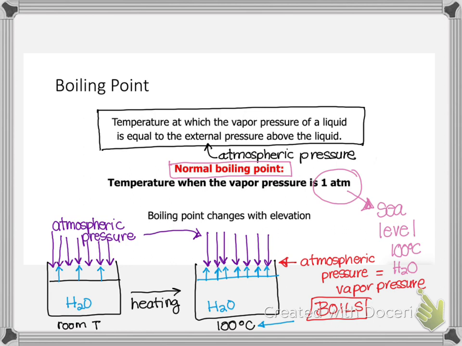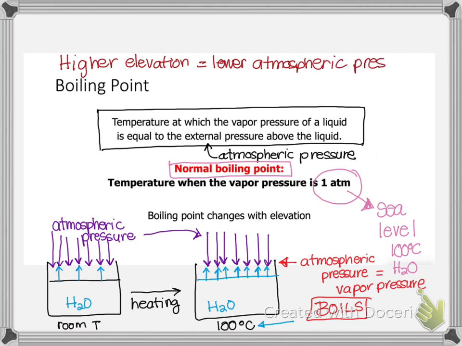But if you go up to a higher elevation, higher elevations, there is less atmosphere. So there's lower external or atmospheric pressure. If I could spell atmospheric, it would be good.